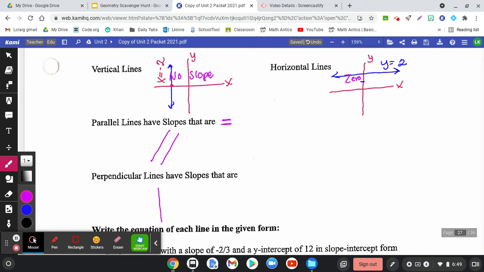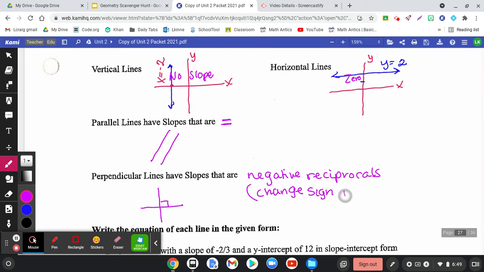Perpendicular lines have slopes that are negative reciprocals, which again just means you change the sign and flip the fraction. So if it's -5/3, the line that's perpendicular to that would be positive 3/5, and so on.